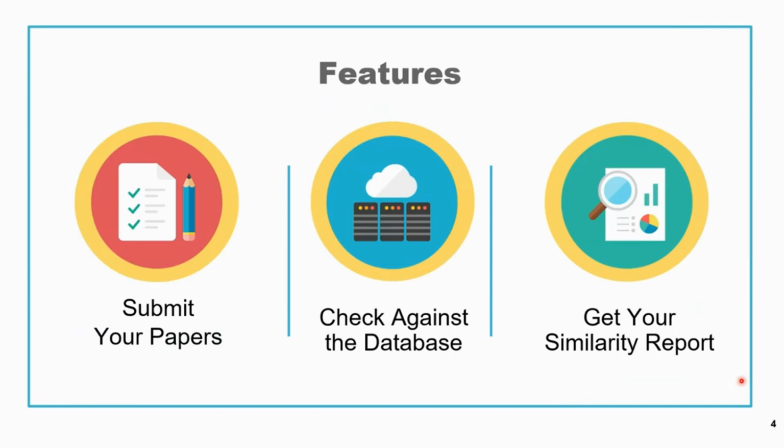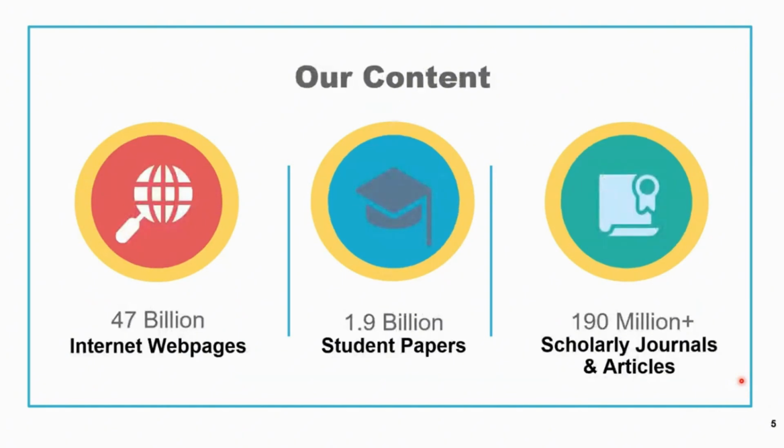Okay, so how can the system process the similarity check? It is because it has an immense amount of data coming from three primary sources: the internet database, papers submitted by other users, and scholarly publications.